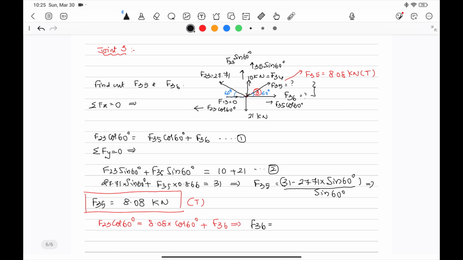That is equal to 9.815. This value has also come as positive, hence it is tension. Whatever direction we have assumed is correct.